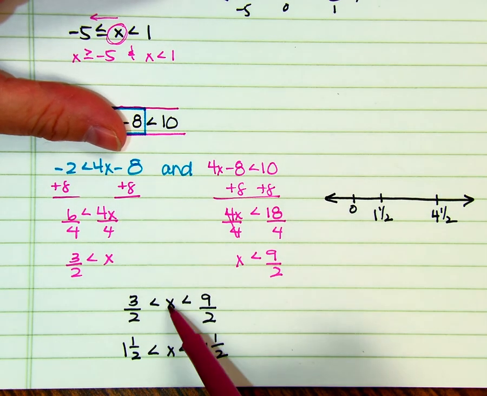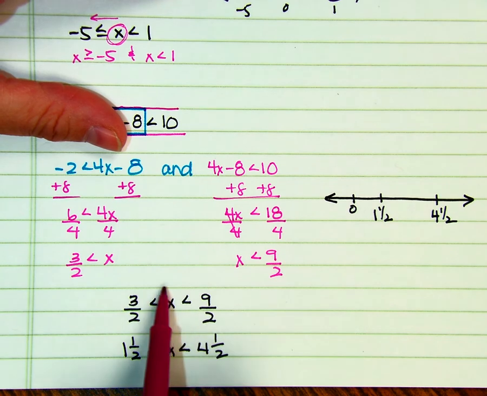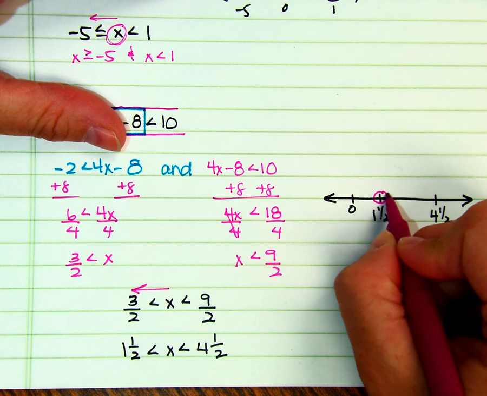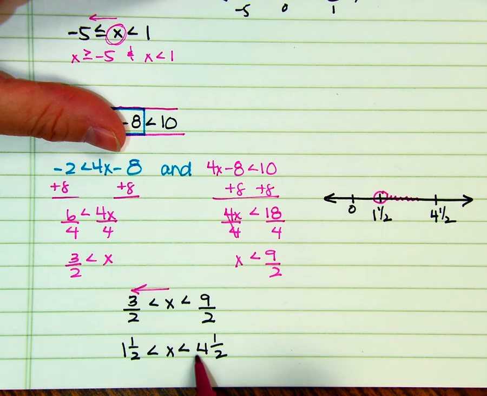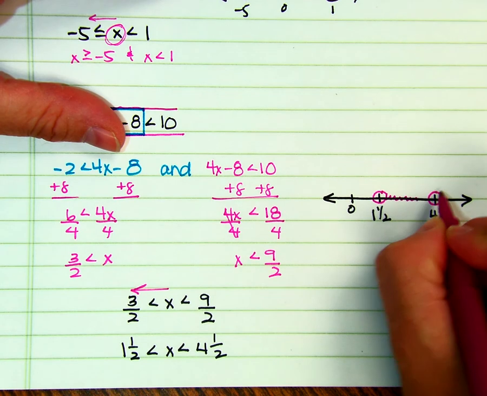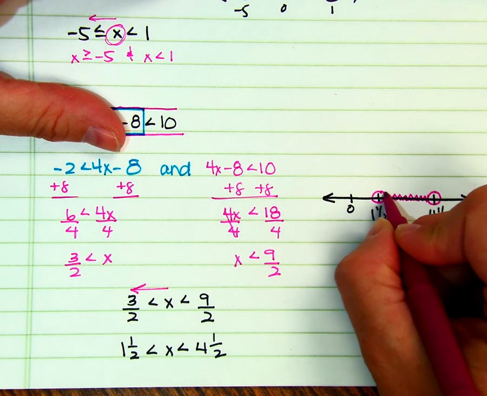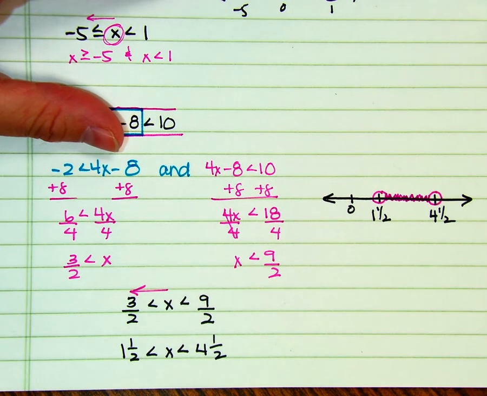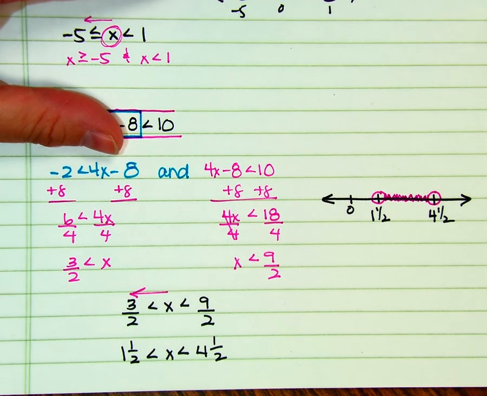So I know that x is greater than 1 1/2 because I have to read it this way. X has to be greater than 1 1/2, and x has to be less than 4 1/2. So any of those values would work. So that is an and.